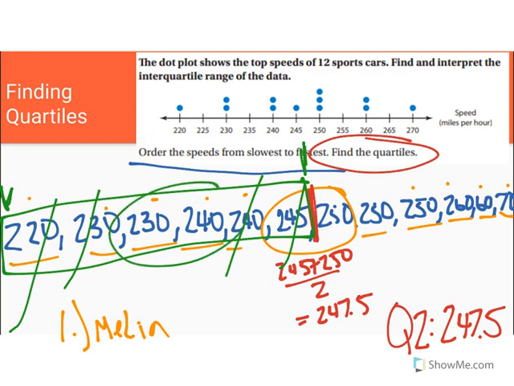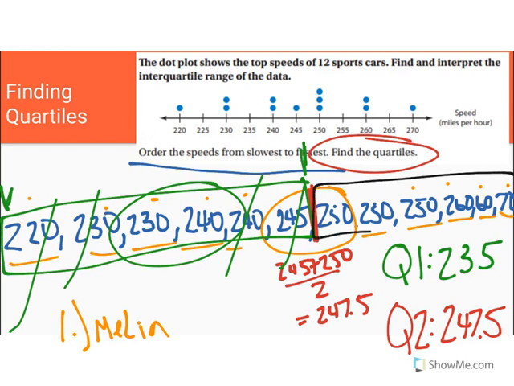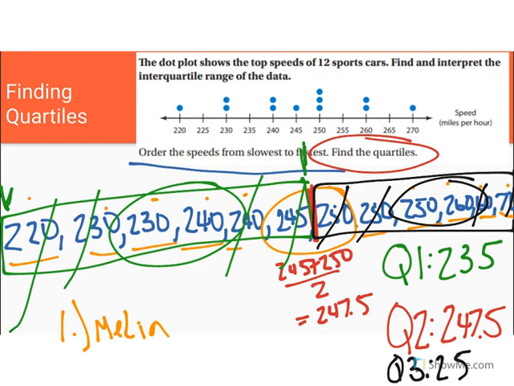That would be halfway between 230 and 240, which would be 235. And on the other side, looking at the quartile for our top ones, I can work my way through, so I get halfway between 250 and 260, which would be 255.